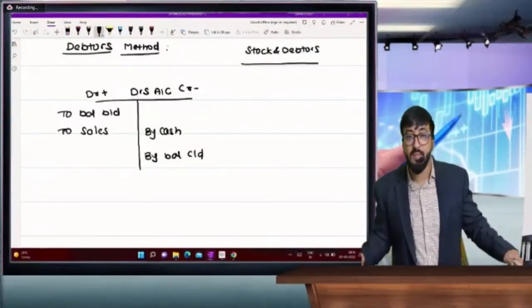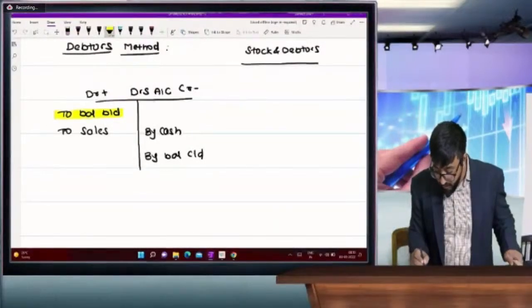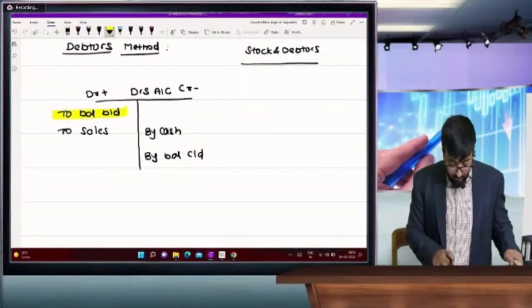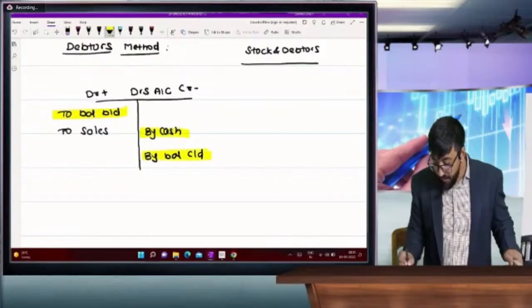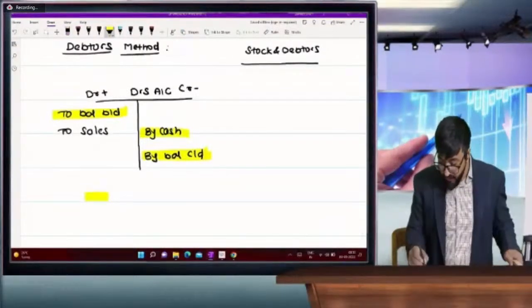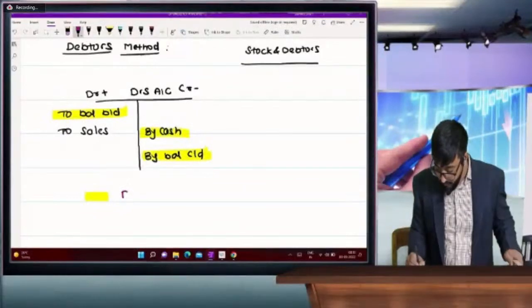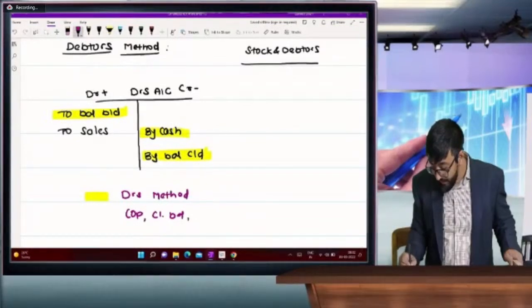Now debtors method focuses on to balance brought down, by cash, and by balance carried down. So debtors method focuses on opening balance, closing balance, and cash remitted.